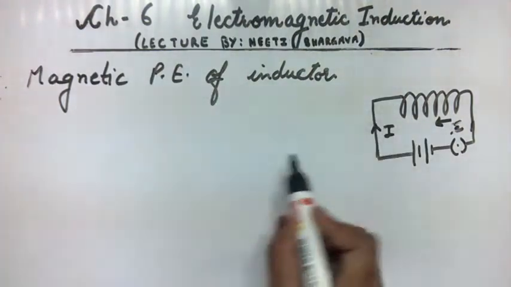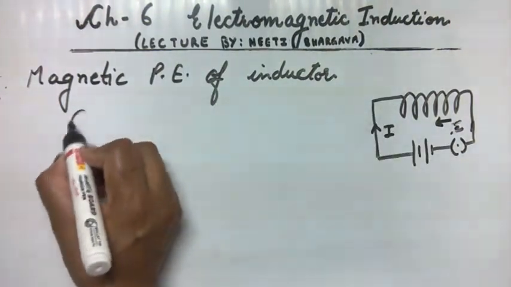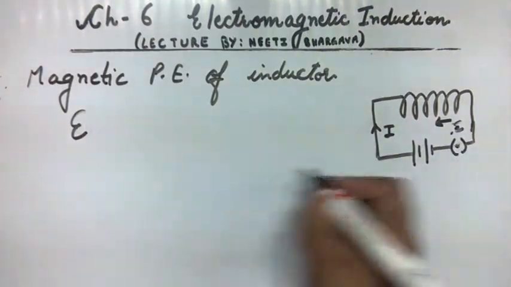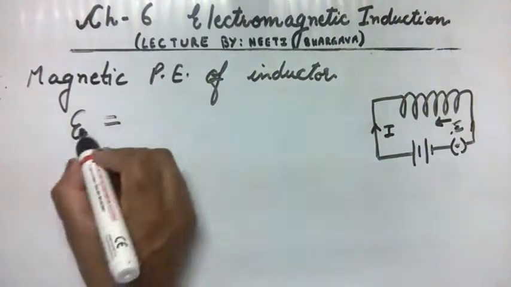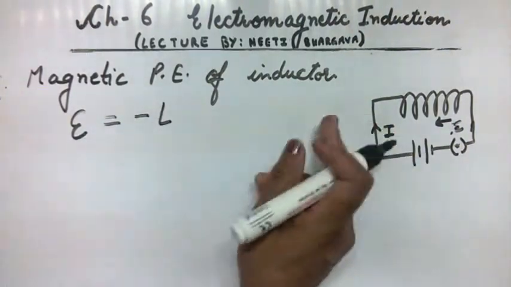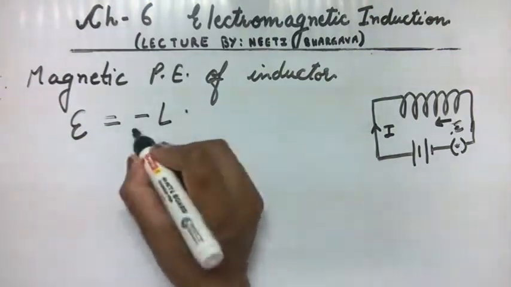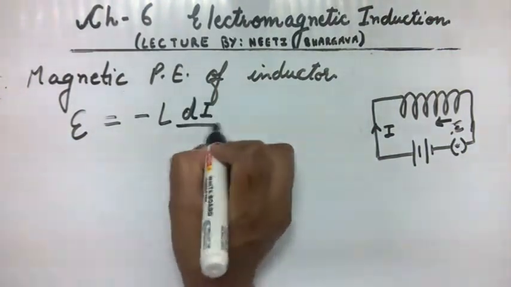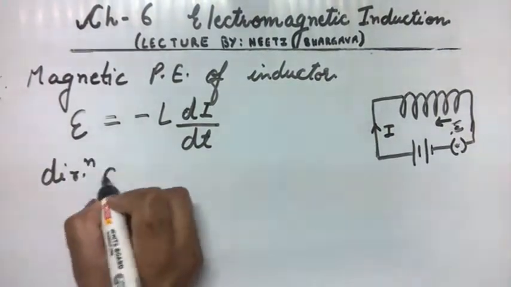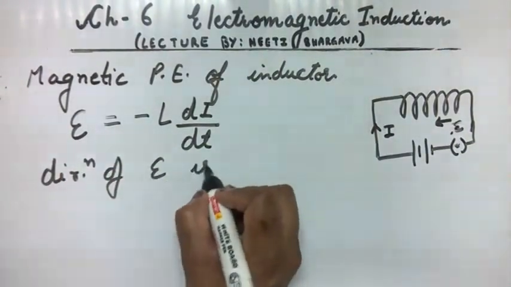So as the current flows, or the battery is connected and the key is on, the back EMF is induced in the coil, which is equal to minus L di by dt, and the direction of this induced EMF is opposite to the direction of current.